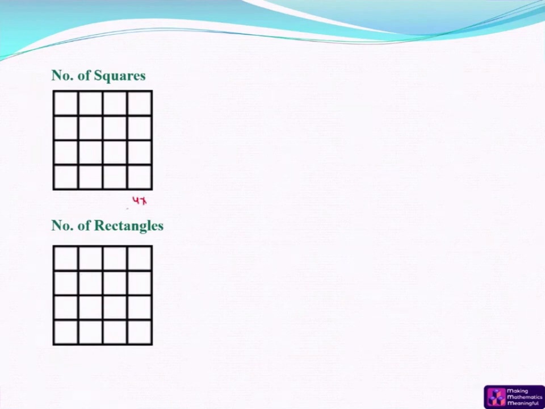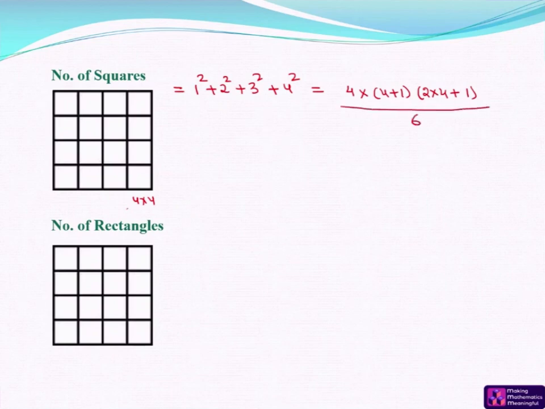For this 4 cross 4 grid, the number of squares will be simply equal to 1 square plus 2 square plus 3 square plus 4 square, and using the formula we have seen just now, it equals n into n plus 1 into 2n plus 1 by 6. Simplify, and you will get the total number of squares in this arrangement is 30.